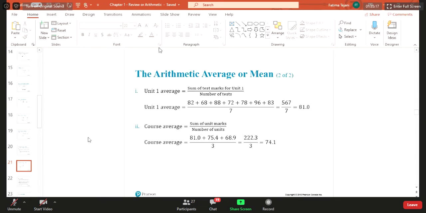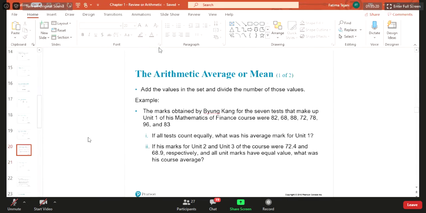Same like this. If his marks for Unit 2 and 3 of the course were 72.4 and 68.9 respectively, and all unit marks have equal value, what was his course average? What will be his course average if he got 72.4 in Unit 2 and 68.9 in Unit 3?